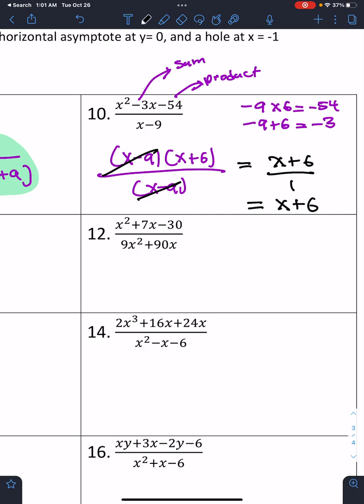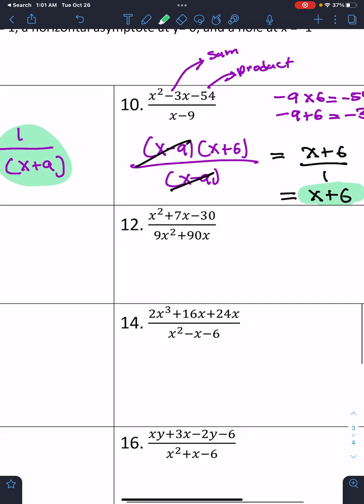I hope that you see that when you divide by 1, it's not necessary to write it in the denominator, but when you divide and you have nothing left in the numerator, you must include that 1. So this one is fine because here the x plus 6 is on top.